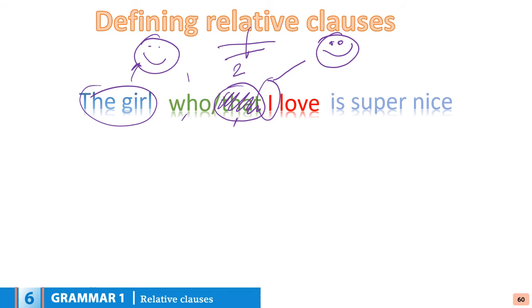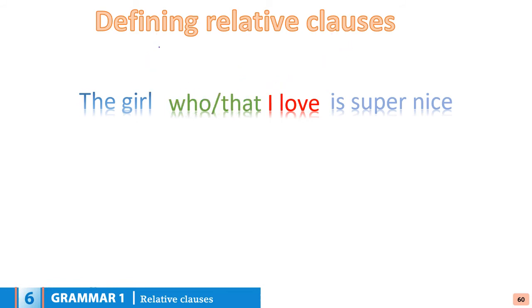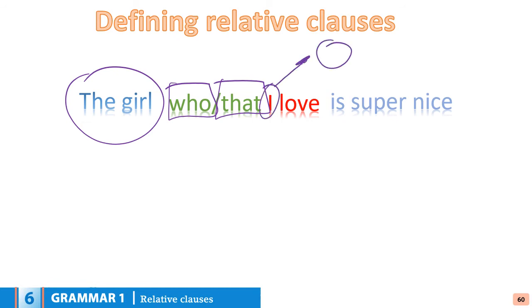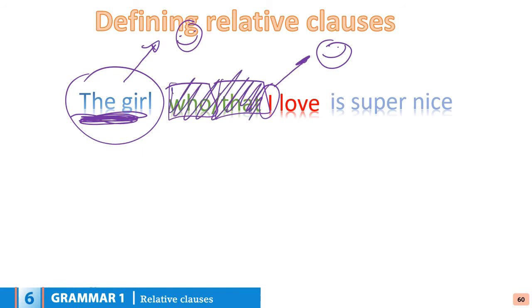So remember then, these are two options you have when you've got a person over here. You can say who or you can say that. And if the person here is different from the subject of the main sentence, you can remove the relative pronouns and say the girl I love is super nice.